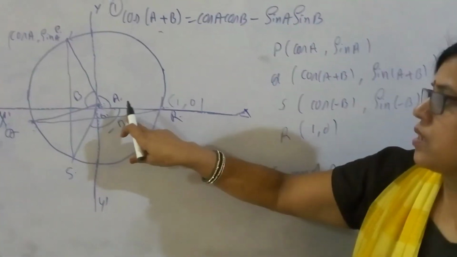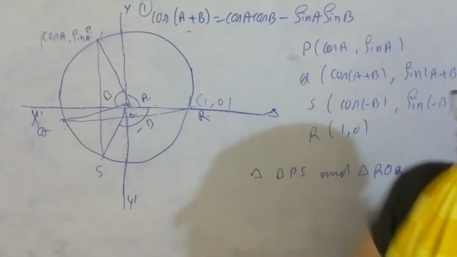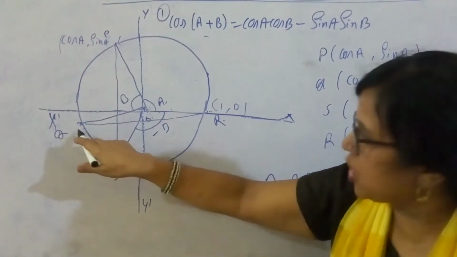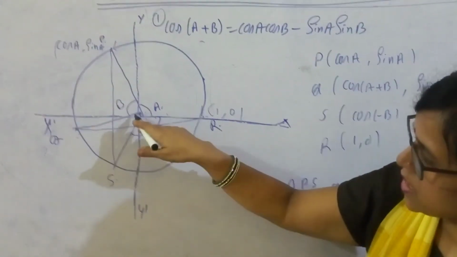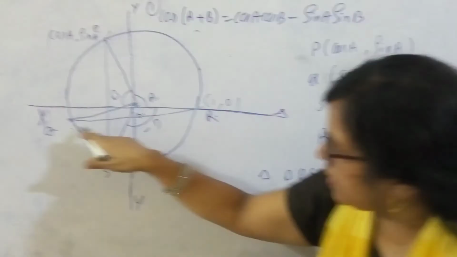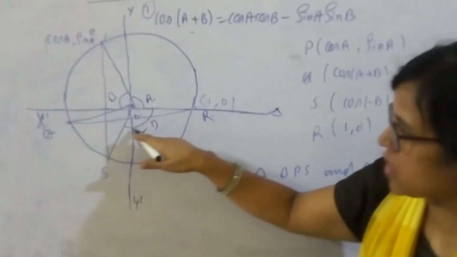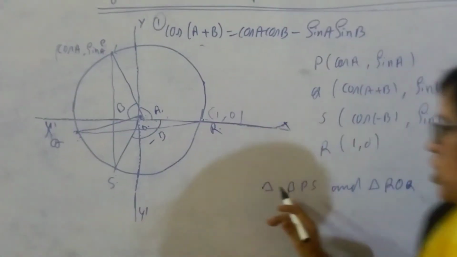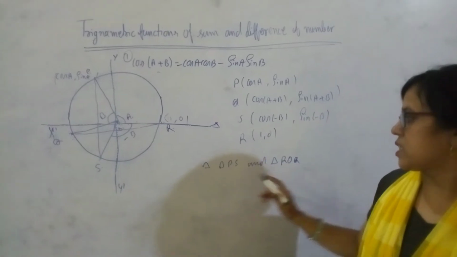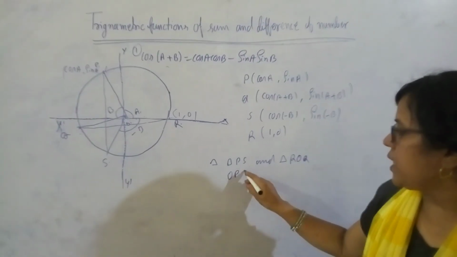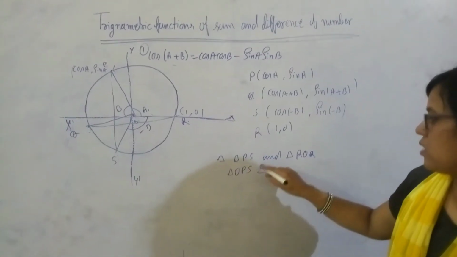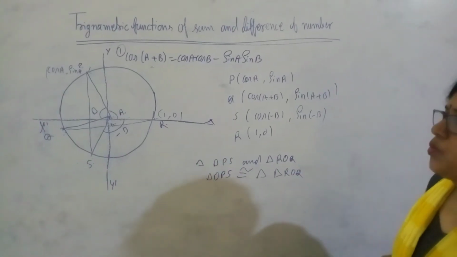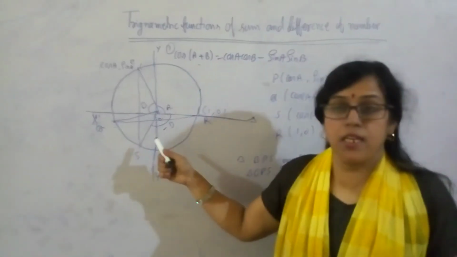These two sides and these two sides are equal, and this is angle B adding to angle QOS. This same angle we will add in this triangle, which is minus B, and QOS. It means both triangles are congruent. So triangle OPS is congruent to triangle ROQ by SAS congruency.